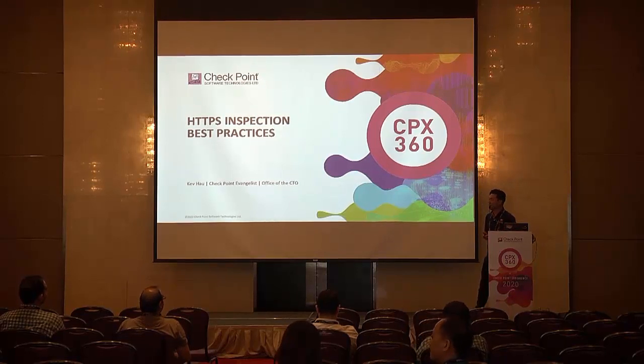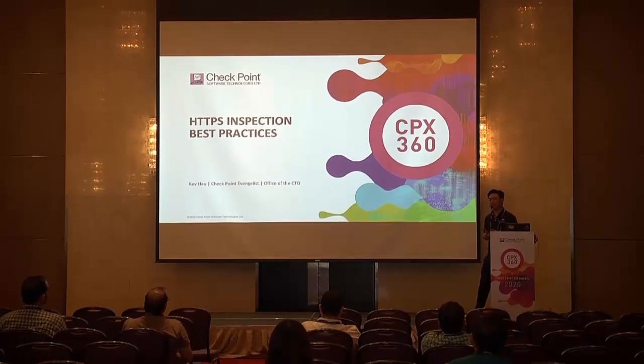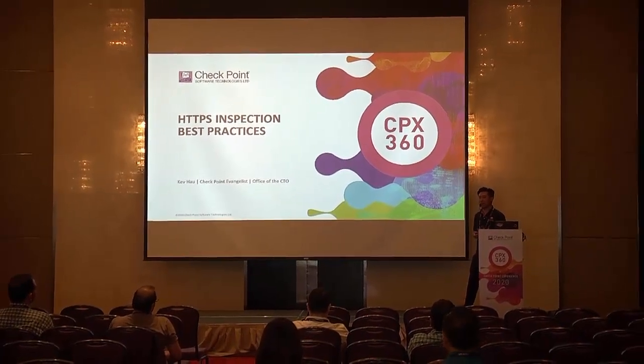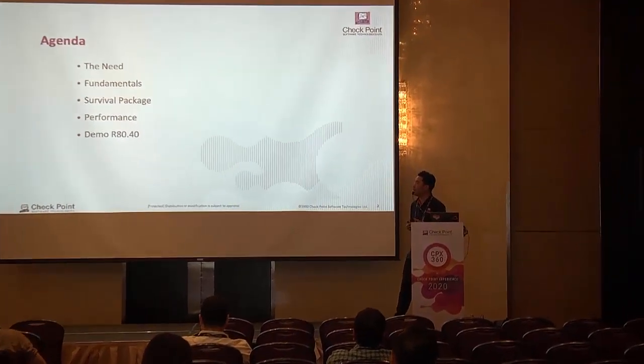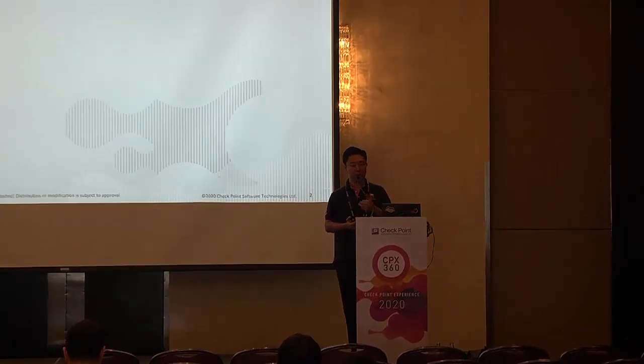So today I will talk about the HTTPS inspection best practice. Here's the agenda. First and foremost, why do we need HTTPS inspection enabled in network security? Second, we talk about the fundamental things about HTTPS inspection and what kind of improvement we did in the last couple of years.